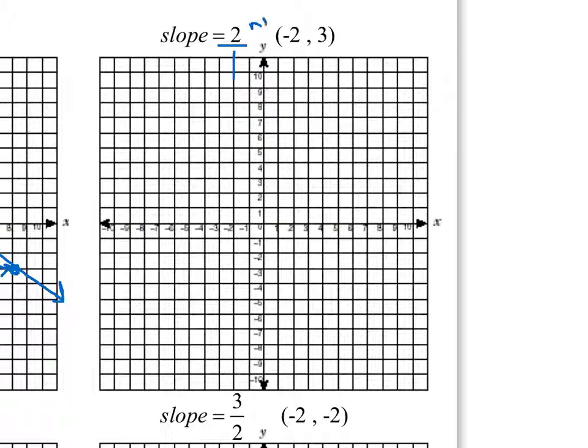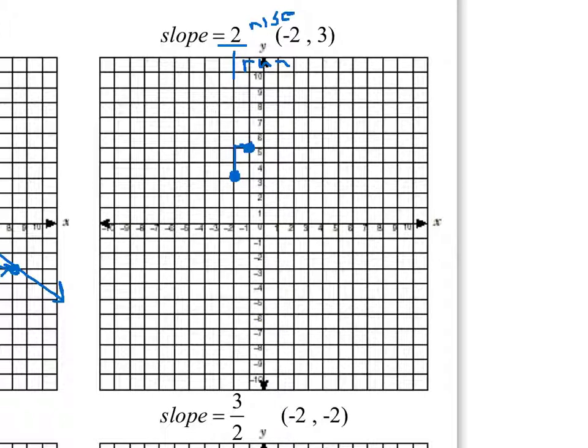Now I've got a rise and a run to label. I've got a point to graph, negative 2, 3. After labeling my rise and run, I've got something to follow to get my next point. It says 2 is the rise, so that's up 2. 1 is the run, that's over 1.